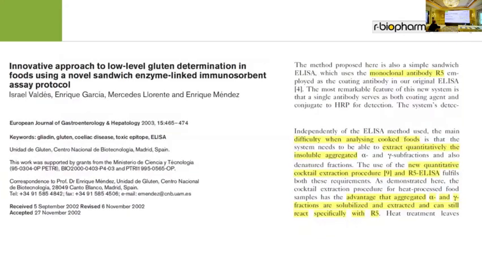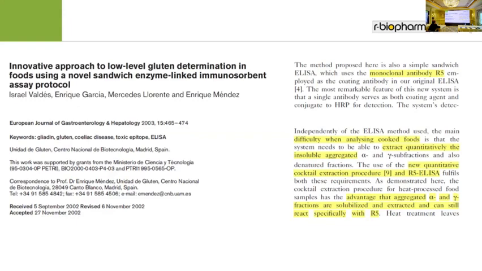If we look into the publication from Méndez, we see the description of a simple ELISA based on the R5 antibody. Additionally, he describes problems with the extraction of gluten subfractions which are aggregated to the matrix.